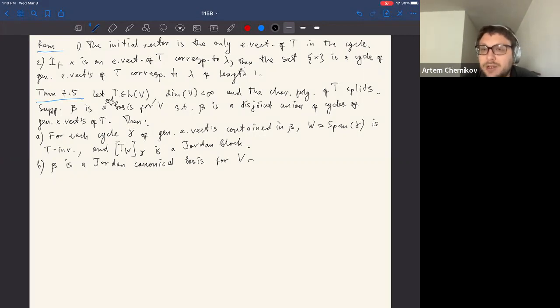If we are able to find a basis which is a disjoint union of cycles of generalized eigenvectors, then each of these cycles gives us a Jordan block, and the union gives us a Jordan basis for, this should say for T, not, well, Jordan canonical basis for T. I mean, it's a basis for V, but corresponding to the linear operator T.